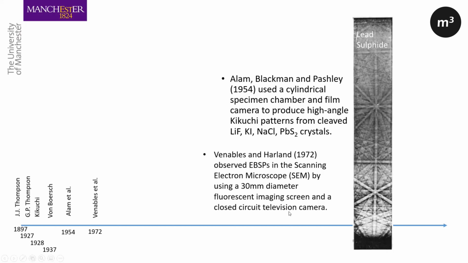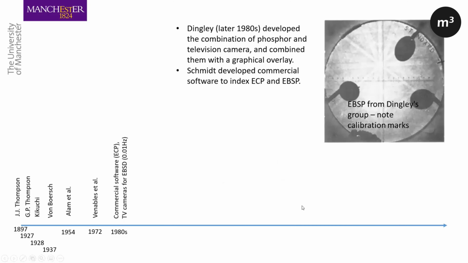So this was just one pattern, not even indexed, just a diffraction pattern. We don't know the orientation. Then Dingley and Schmidt tried to commercialize these techniques, initially for ECP, electron channeling patterns, and then also for EBSD using TV cameras.